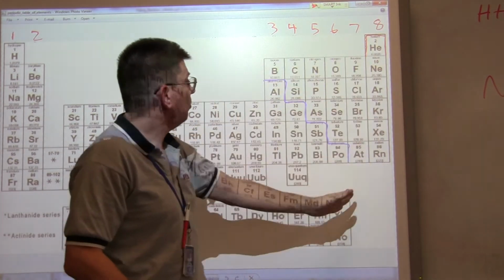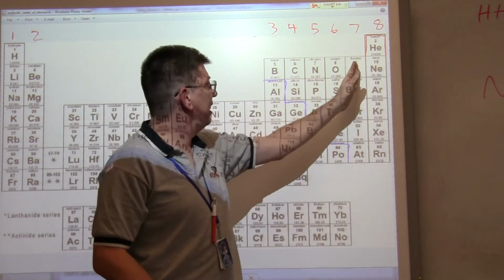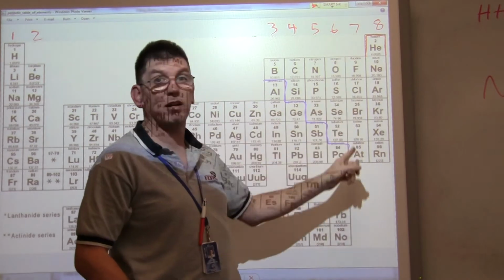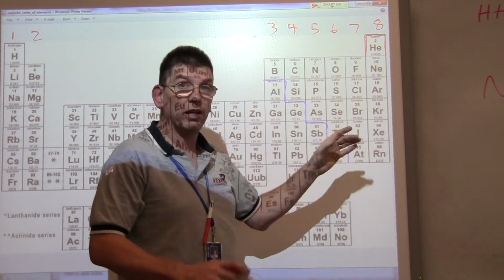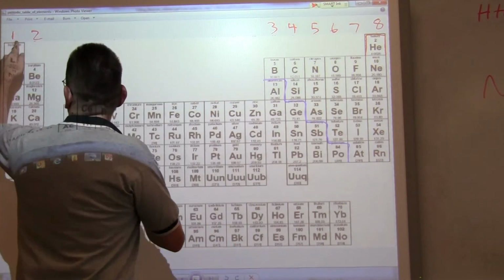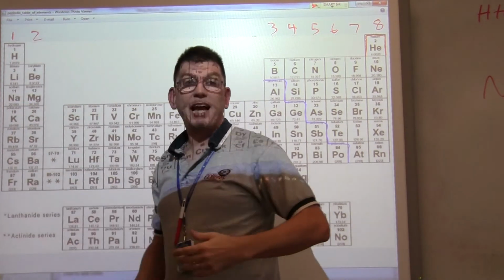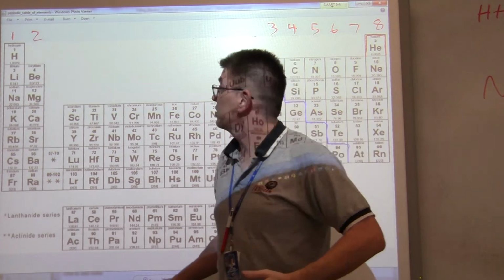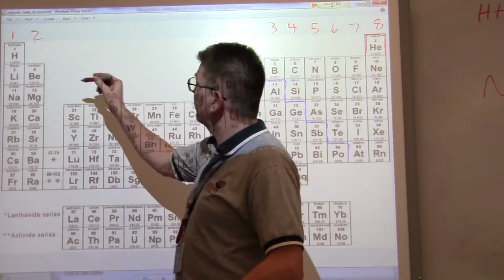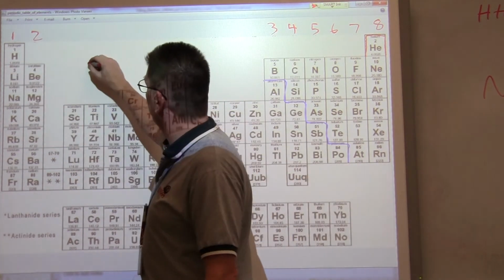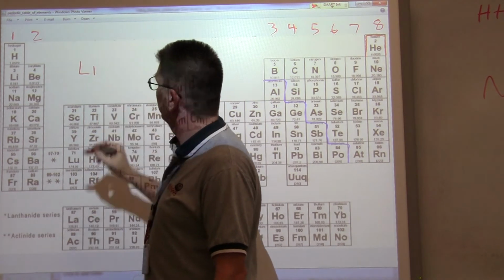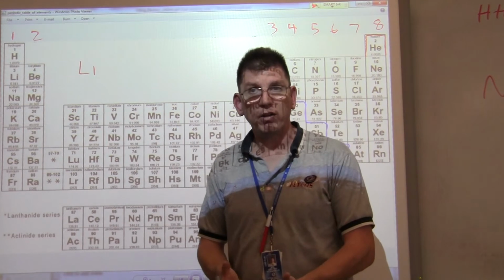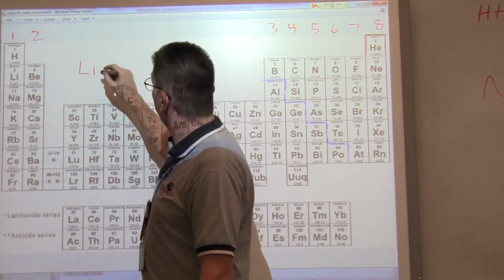So everything in this column is going to react chemically very similar to everything else. It's not exact, but as you move out, everything in this column will react similarly chemically because of the way the electrons are arranged on the outside. So if we draw the chemical symbol, lithium, and ask how many electrons are in its outermost shell, there's only 1.